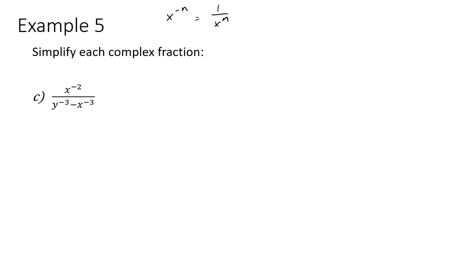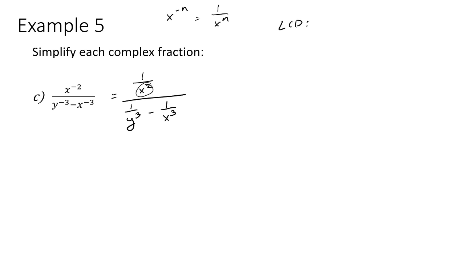And so the trick is to write all of these as positive exponents first. So the x to the negative second would be 1 over x squared, the y to the negative third, 1 over y cubed, minus x to the negative third, or 1 over x cubed.